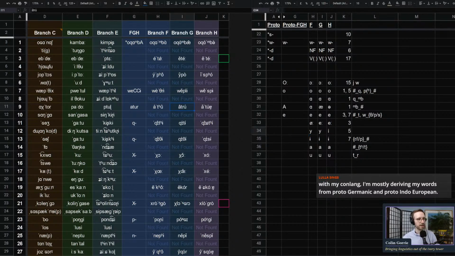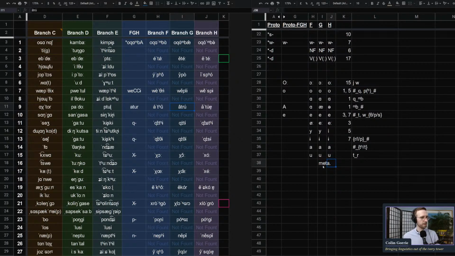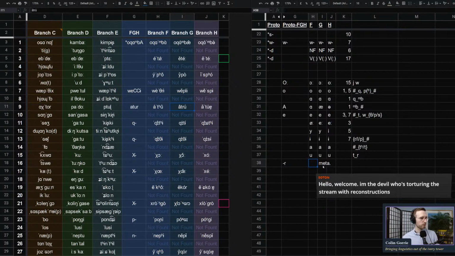And so we have this branch G. So we have this R business where we have metathesis here. We have R here, or R here, and then we have this off glide formed here. That's good.